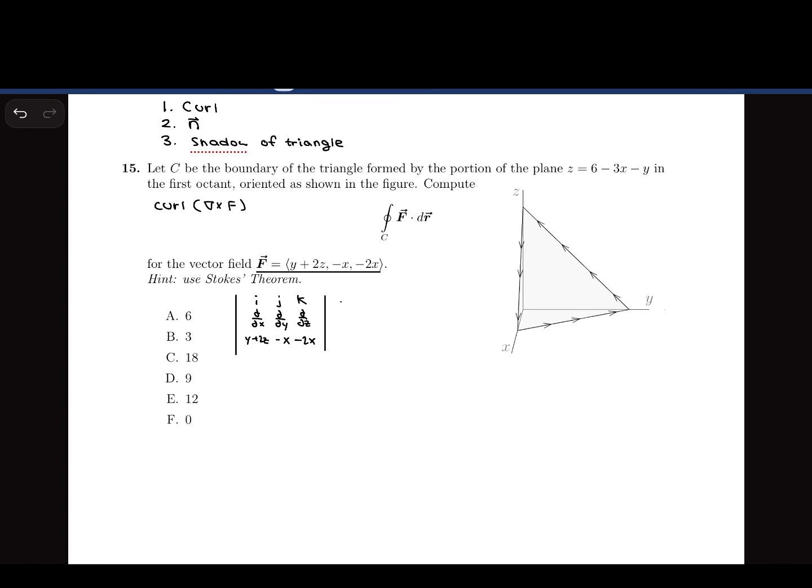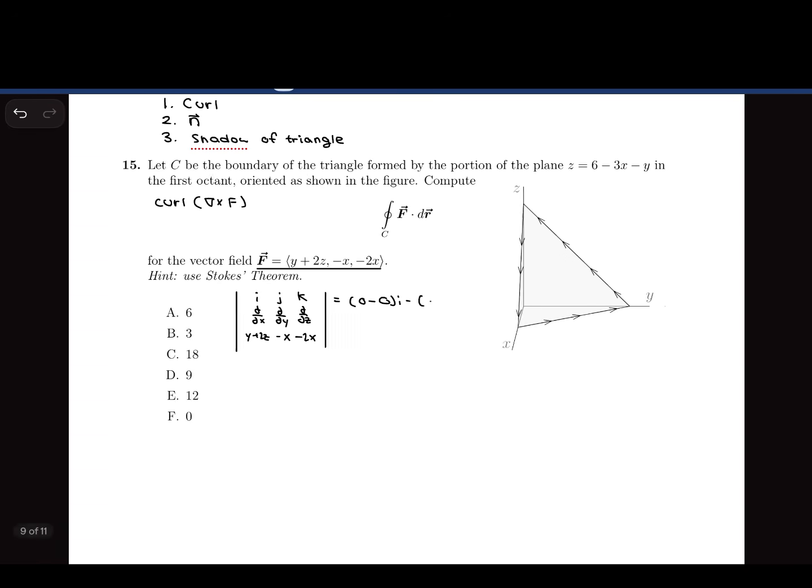So when we calculate this out, the partial derivative of y plus 2z with respect to x is just 0, same with the other one, so our i has nothing. The partial derivative of negative 2x with respect to x is just negative 2, and the derivative of 2z with respect to z is also positive 2, so you get negative 2 minus 2, so that's our j.